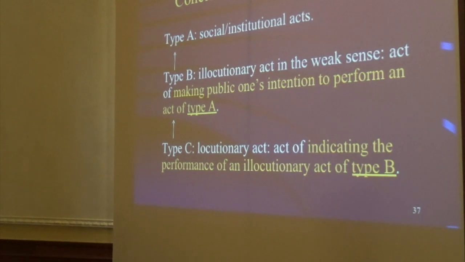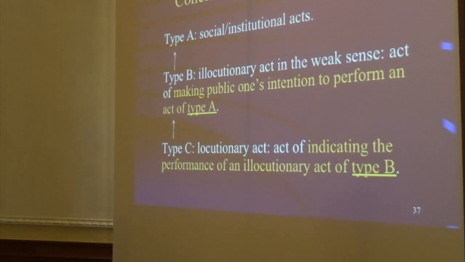Because the illocutionary act in the weak sense, the speech act, is just the act of making public one's intention to perform an act of the first type, that is a social act. The illocutionary act in the weak sense, the communicative act, is the act of expressing the intention or getting someone to recognize one's intention to perform an act in the strong sense, the act of type A. So type B acts asymmetrically depend on type A acts in the sense that they are defined in terms of them.